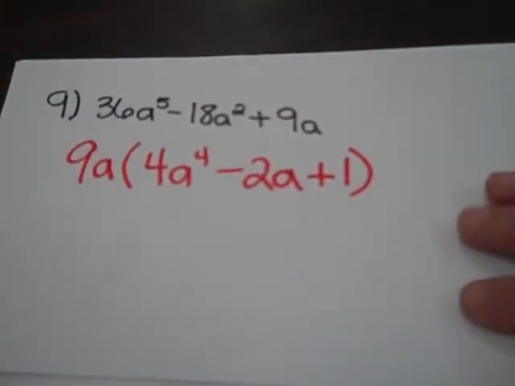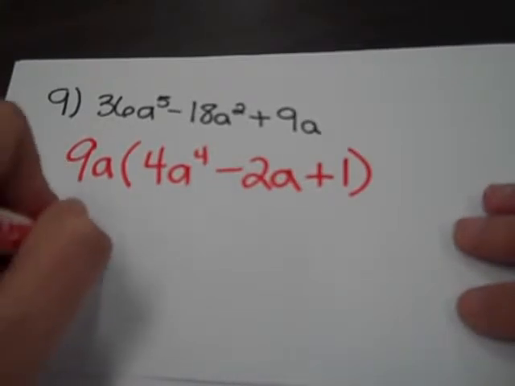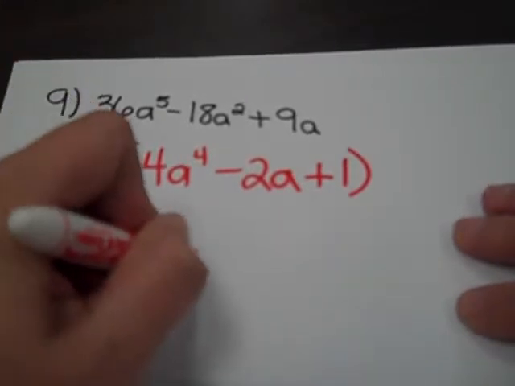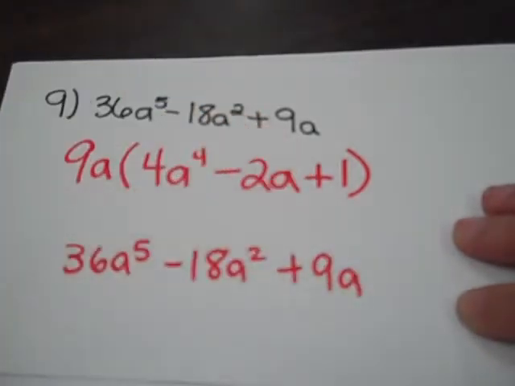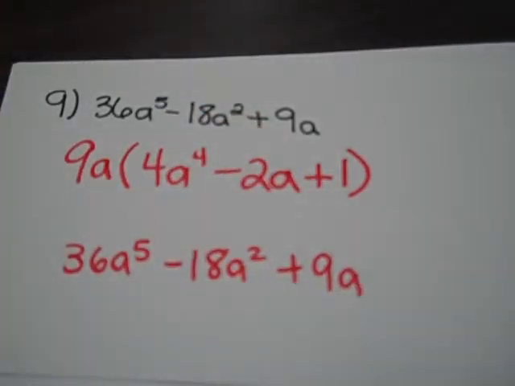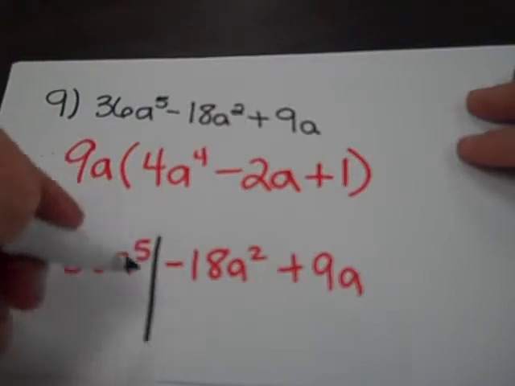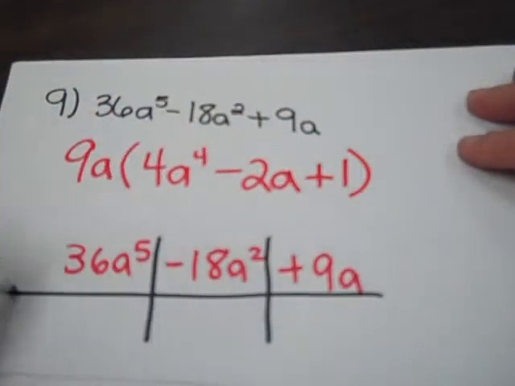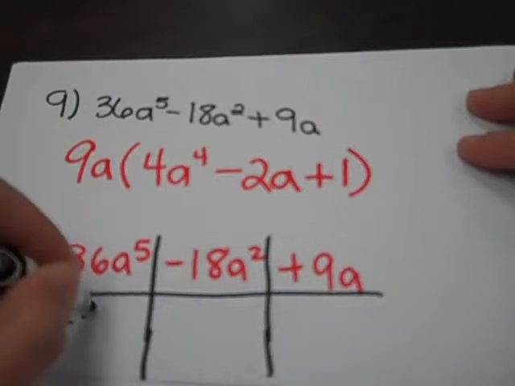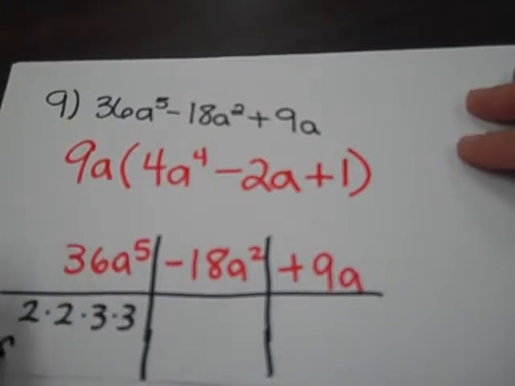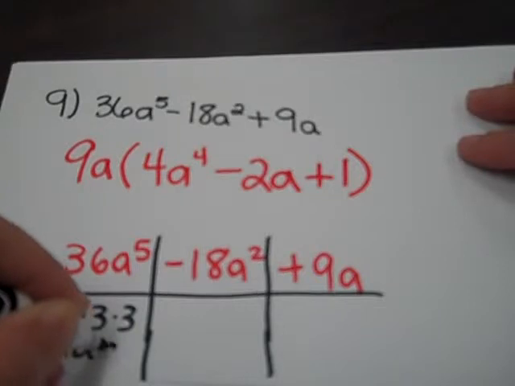Now if you want to see it with the boxes like we have done, 36a to the 5th minus 18a squared plus 9a. Okay, let me change colors. We're going to split up my boxes. 36 is 2 times 2 times 3 times 3, and we'll have 5 a's.